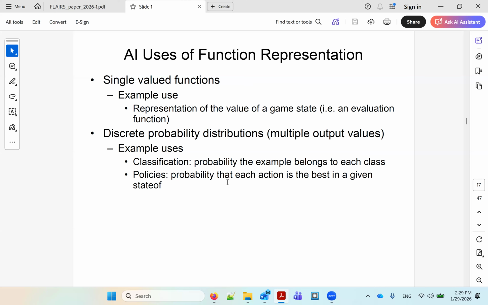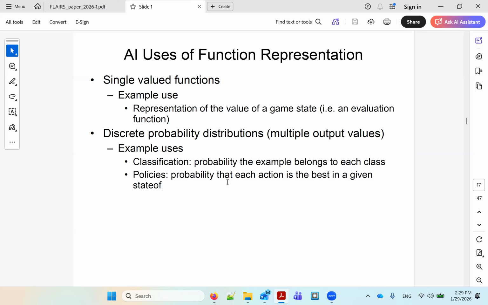Another thing that we like to build, another kind of probability distribution, is a policy. Here the outputs represent actions that could be taken in a particular situation. And the policy should tell us which ones we should take with higher frequency in this situation.